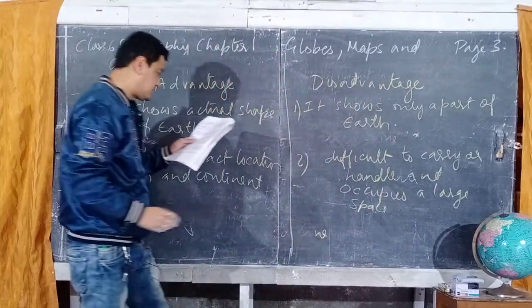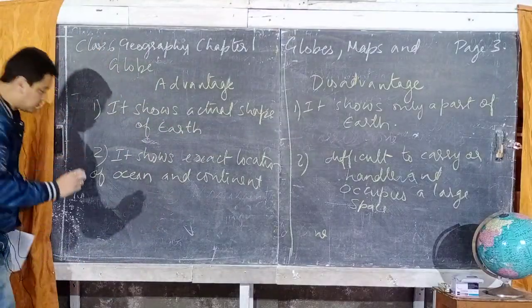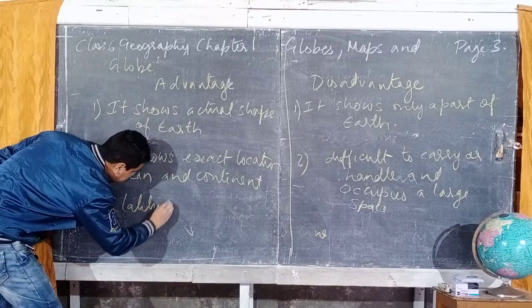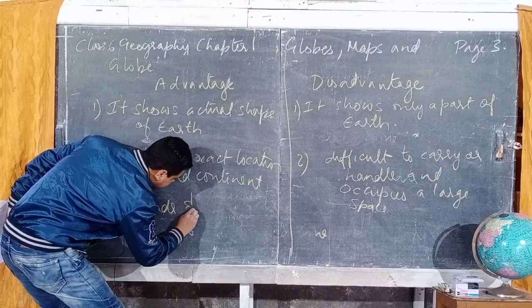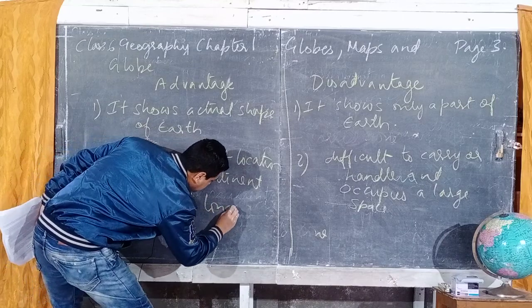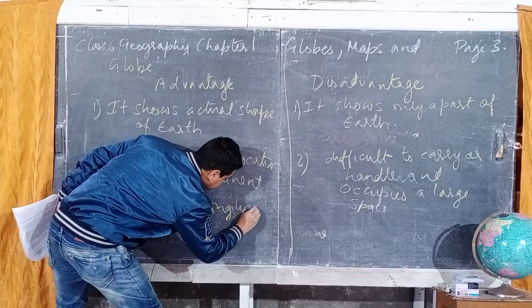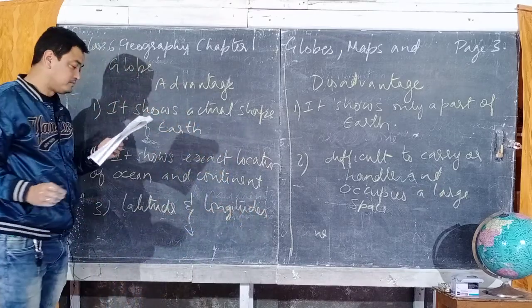This is the difference. Now, a globe shows what? The third point is latitudes and longitudes. Latitudes and longitudes are shown on the globe.